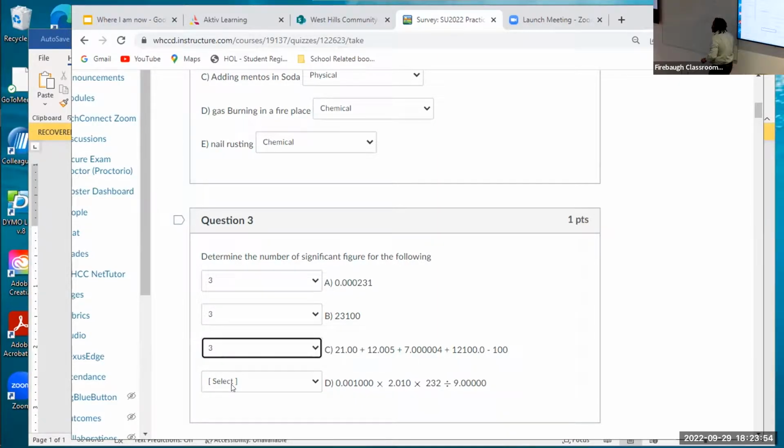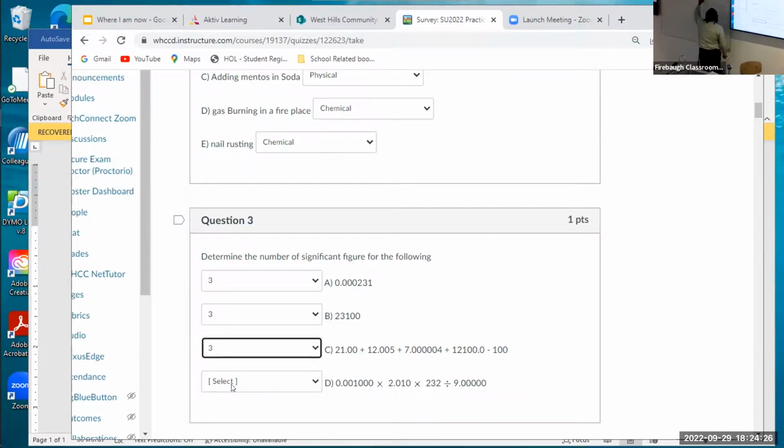Okay, this part is subtracting, this is all addition. So together we line them up. Where does the significance end for the first number?